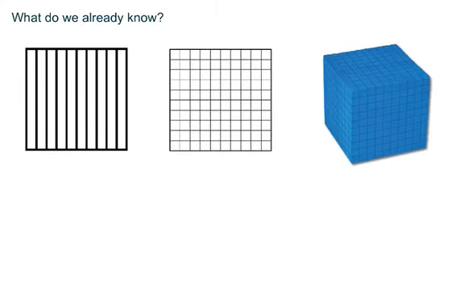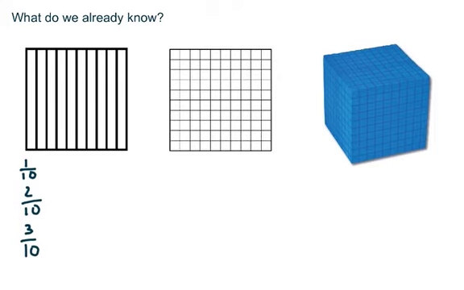Okay, so let's take a look at what we already know. Well, we know that we can show tenths in a model. So we can have 1/10, we can have 2/10, we can have 3/10, and so on and so forth.